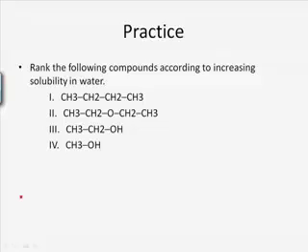And so our solvent that we're looking at is water. Okay, so it's polar and it has hydrogen bonding. So the more that these solutes are like water, the more soluble that they would be. So we'll kind of go from most soluble to least. Even though it says increasing, we would just reverse the order.